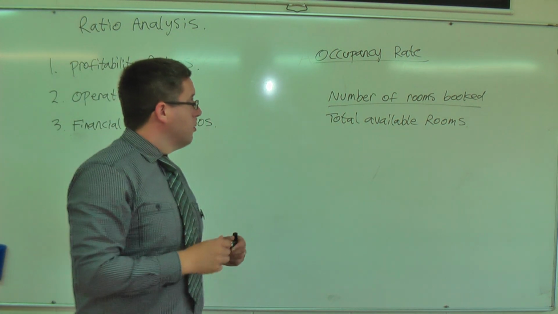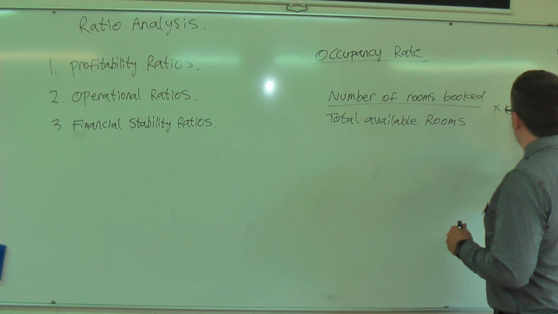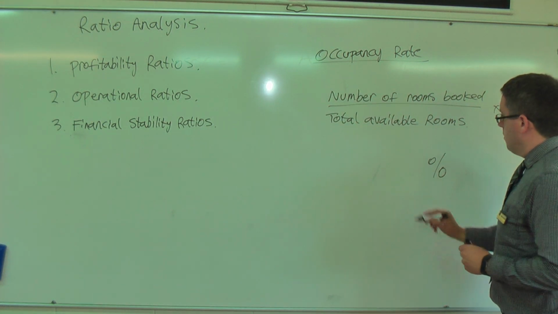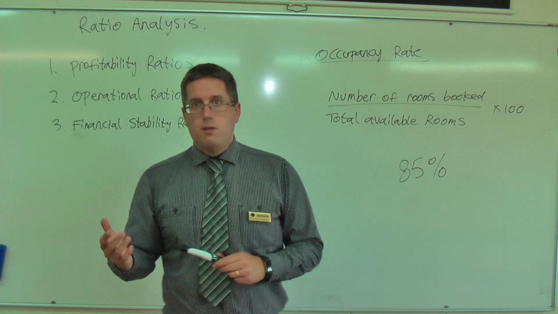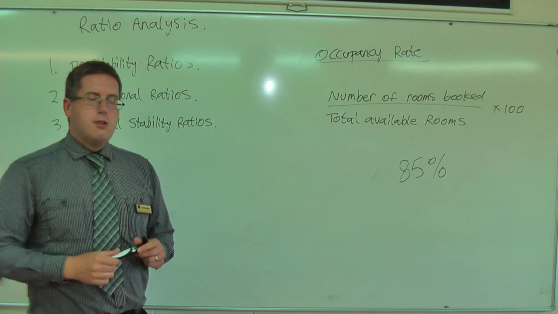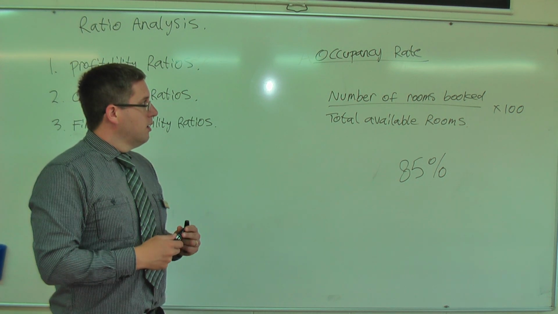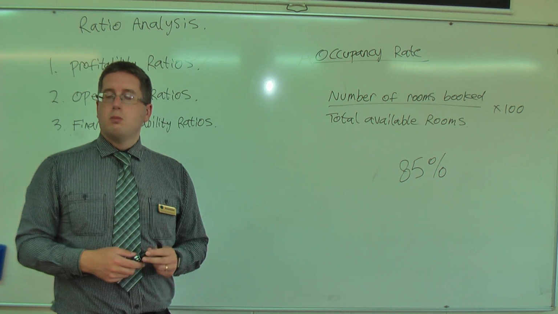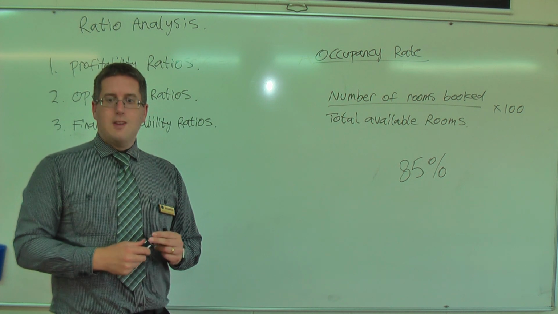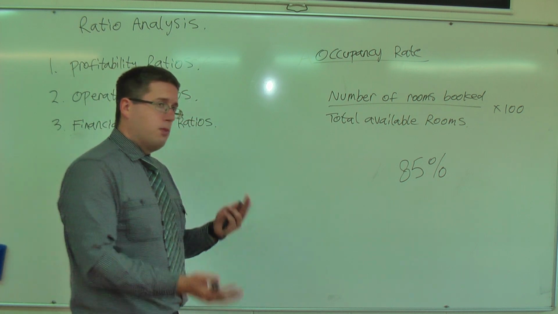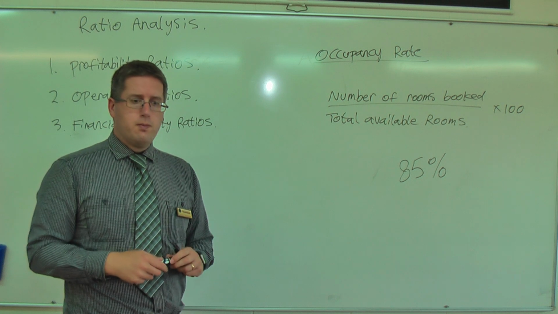So total number of rooms booked divided by total available rooms. Times it by 100, so you get a percentage, and maybe it comes out at 85%. This means that of all the rooms that we have available for a period, we sold maybe 85% of them, which means 15% were vacant during that time. So we want to fill as many rooms as we can, so the higher the better this is.